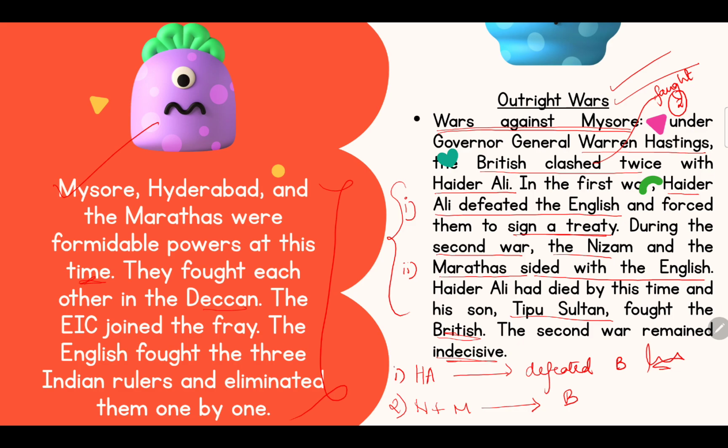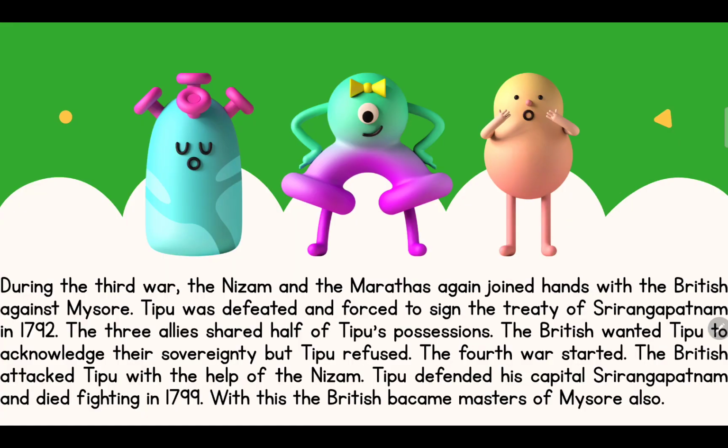Now let's move forward to the third war. First war also we discussed, second war also we discussed. During the third war, the Nizam and the Marathas again joined hands with British. Nizam plus Marathas again joined hands with British against which place? Mysore.